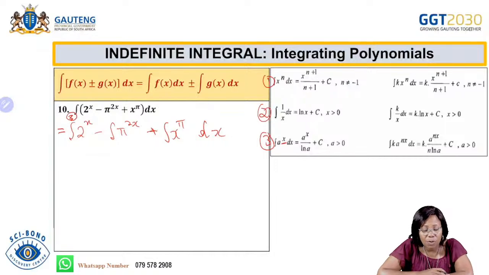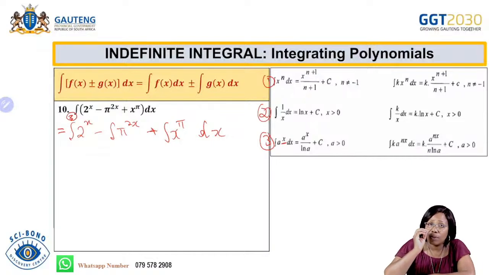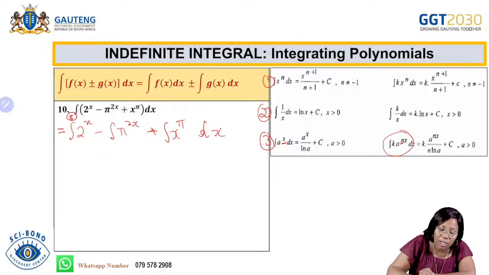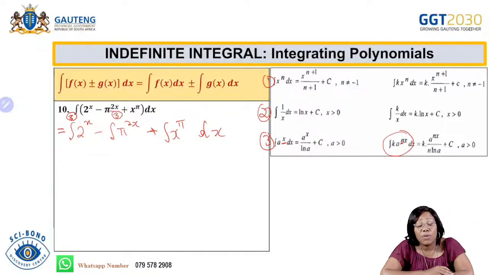And then for the second one, remember pi is a number. It's like we are having 3,14 or 22 over 7 to the power 2x. Can you see that? It's a number. Our exponent has a coefficient 2, 2x, but x is in the exponent. Can you see it is rule number 3 again, the second application, because there's a coefficient. And then we have the integration of x to the power pi.